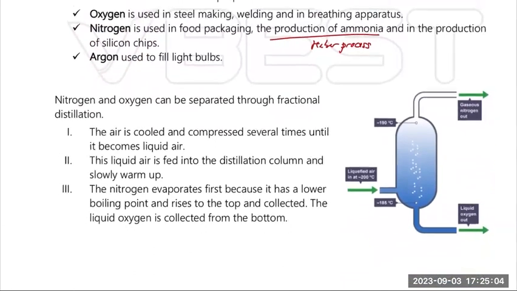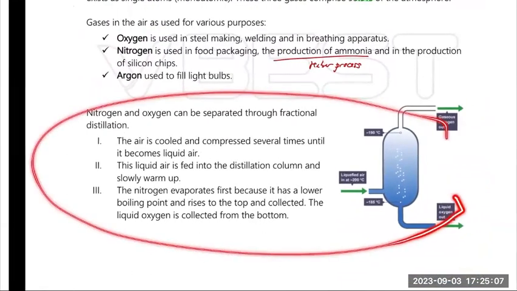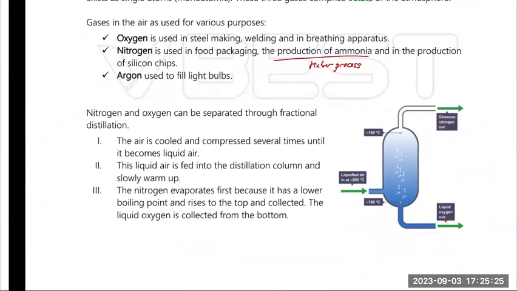Just to inform you, this is one of the industrial methods. Remember I told you industrial methods, so far we learned Haber, contact, extraction of metal, and this is one of them also. Industrial method combines a few chapters together. So separation of the air is also one of the industrial methods.